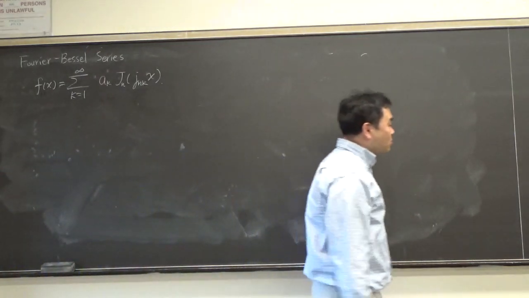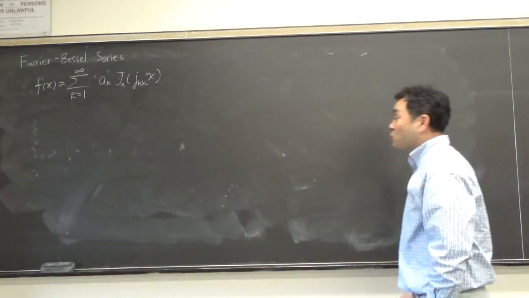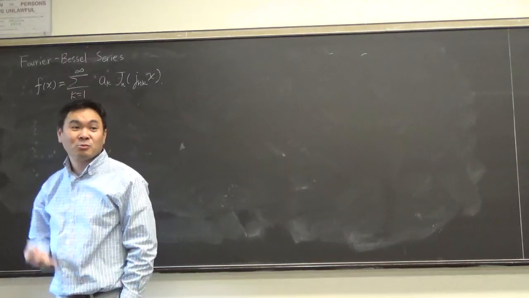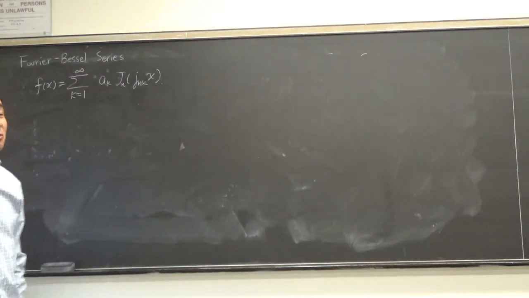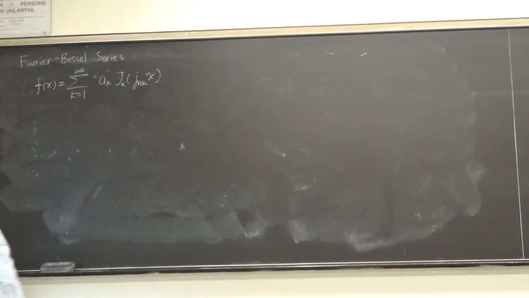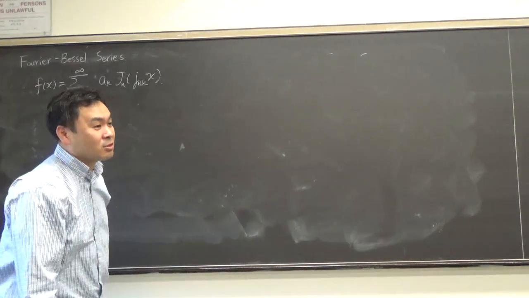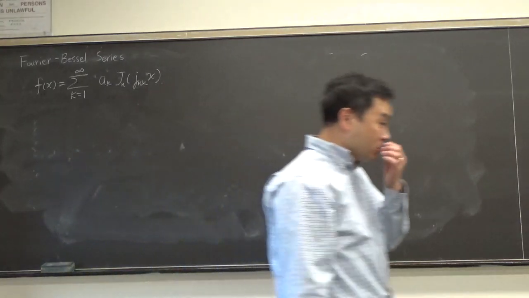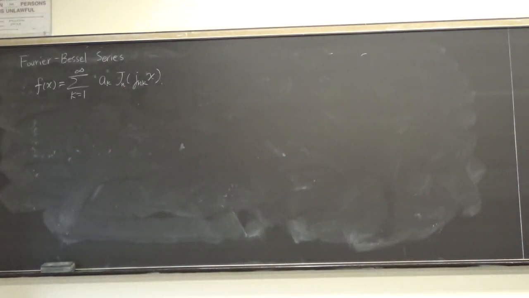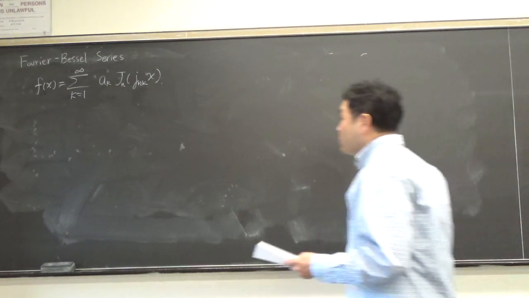But again, if you don't know how to get the coefficients a_k, what's the point, right? You have to know how to find them. But in order to find a_k, you need to know orthogonality relations. Okay? So here are the orthogonality relations for the Bessel functions.